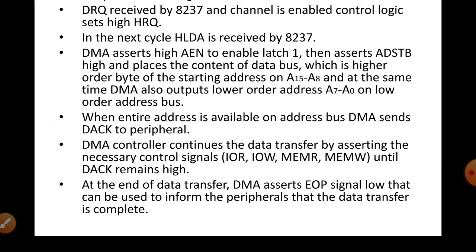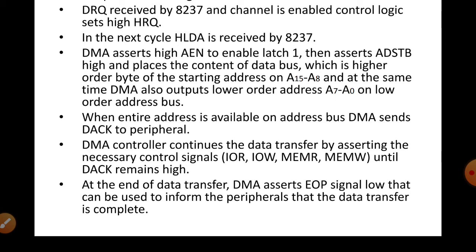This process goes on till the DAC signal remains high. Once all the data is transferred from the source to the destination, the DAC signal goes low. At the end of the data transfer, DMA asserts the end of operation signal low, and that can be used to inform the peripheral that the data transfer is complete.